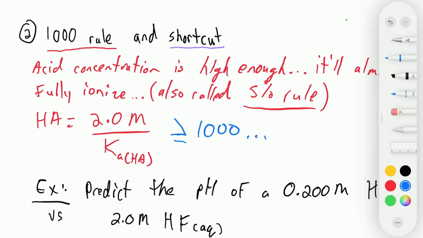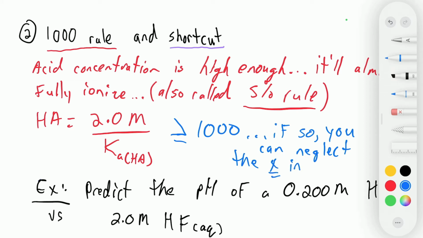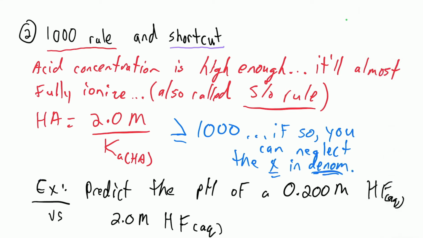If it is, and it passes the 1,000 rule, you can neglect the X in the denominator, which means you're not going to have a quadratic to deal with.